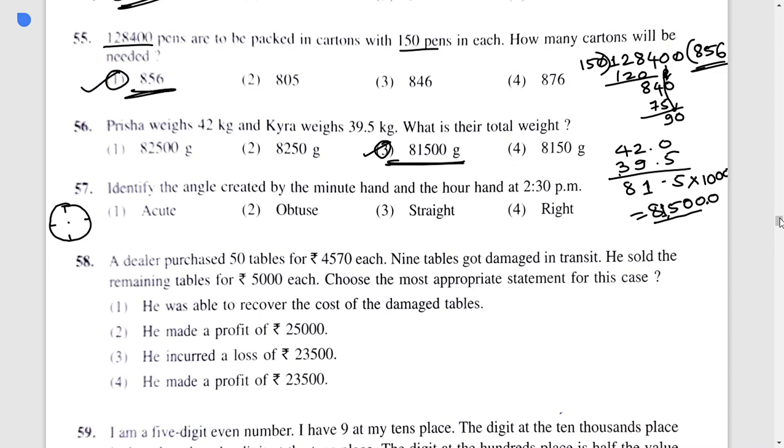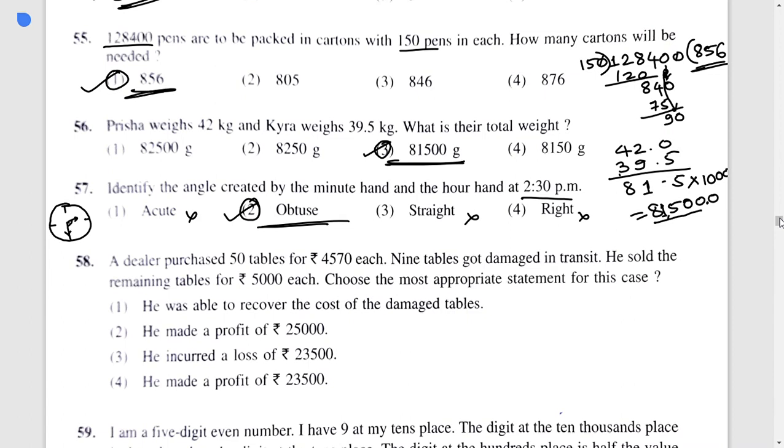So the time is 2:30 p.m. So somewhere 2 comes here, and it was 2:30 now. The angle created is greater than 90 degrees. It is not acute, it is not a right angle, it is not a straight angle. It is an obtuse angle. So greater than 90 is an obtuse angle.